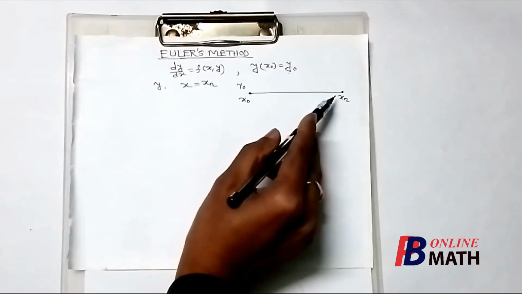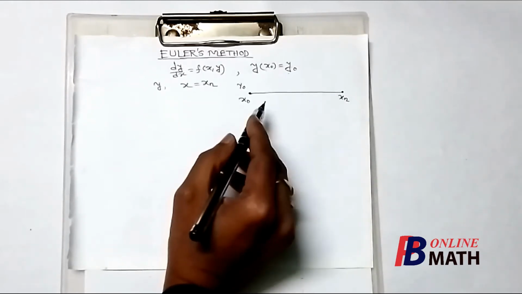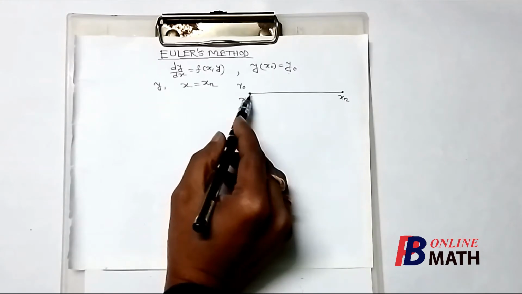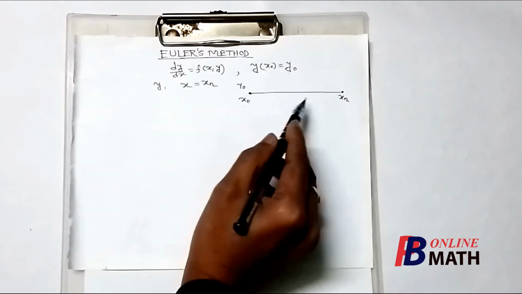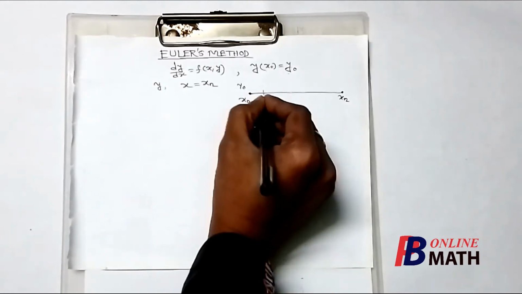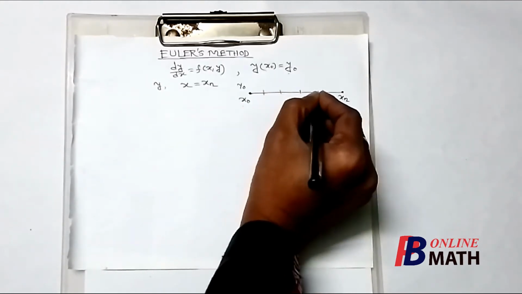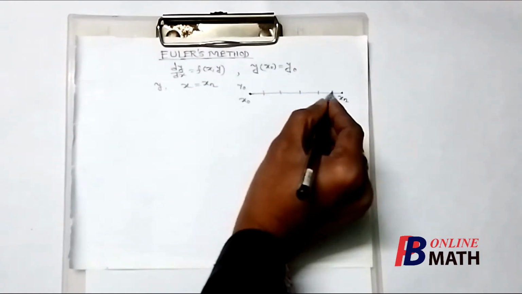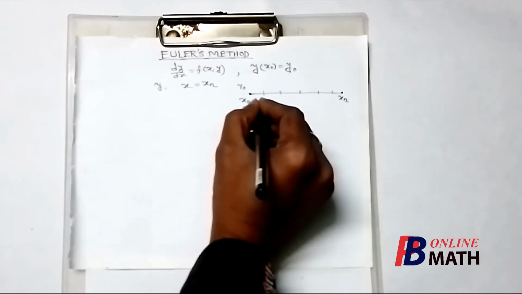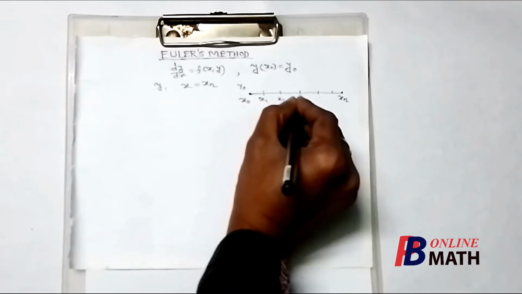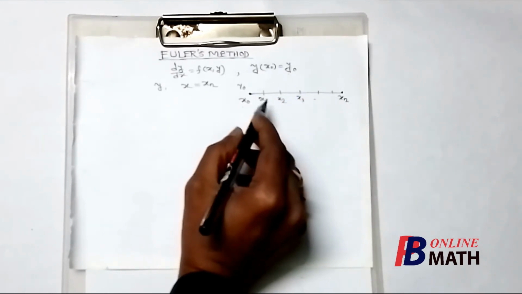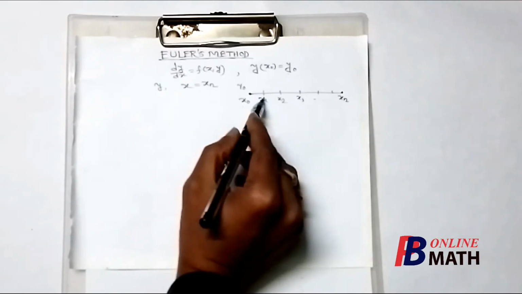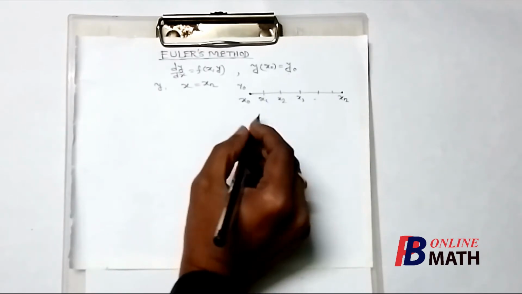To find this value, we first divide the interval from x0 to xn into n equal subintervals. Suppose we divide the interval by these points x1, x2, x3, etc., such that the distance between two consecutive points is h.